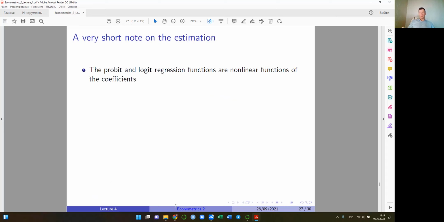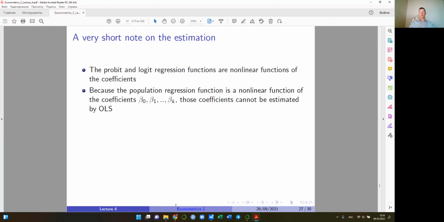A very short note on the estimation. This is not, let's say, the most important idea of this lecture, rather some technical case for those who want to understand how the estimation is done. So both Probit and Logit are nonlinear functions of the coefficients, which means that we cannot estimate coefficients beta 0, beta 1 to beta k with the help of OLS.